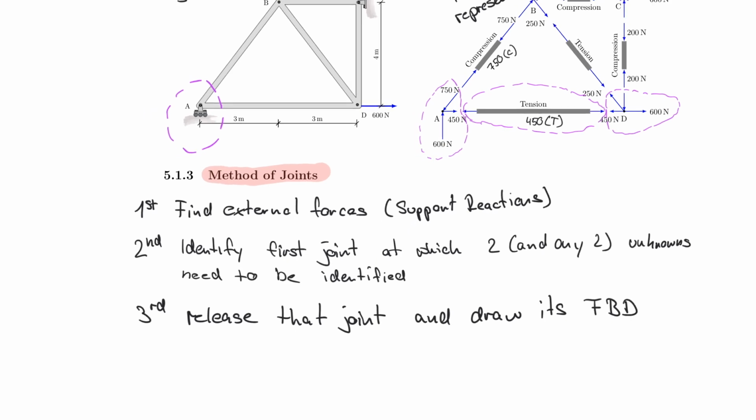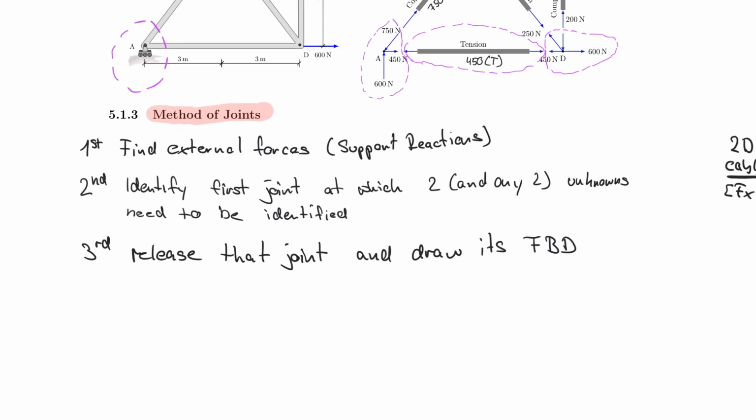So I'll do that conceptually here real quick for node A. In our case, that would look like the following. I have this member, I have this member, and then I also have the support reaction. And the support reaction goes up. So, and I'm going to call this here my free body diagram for node A.